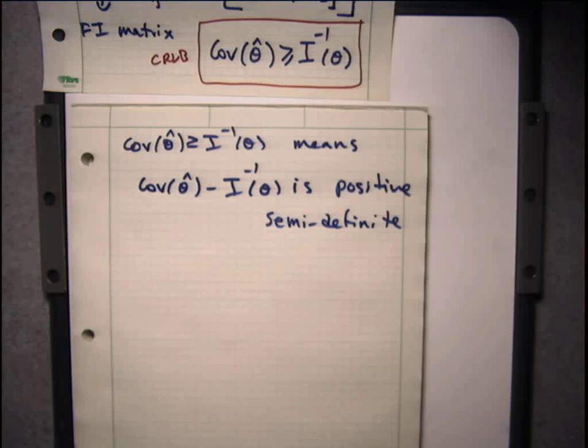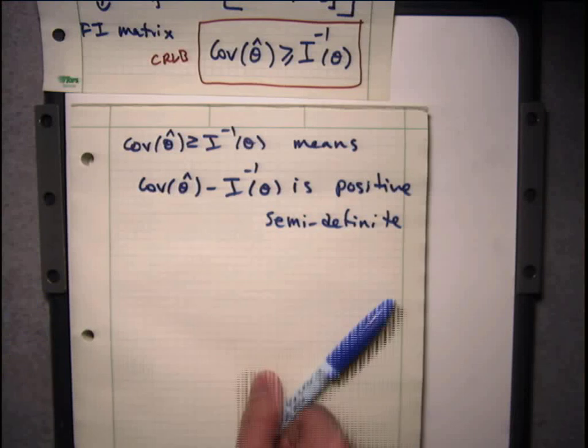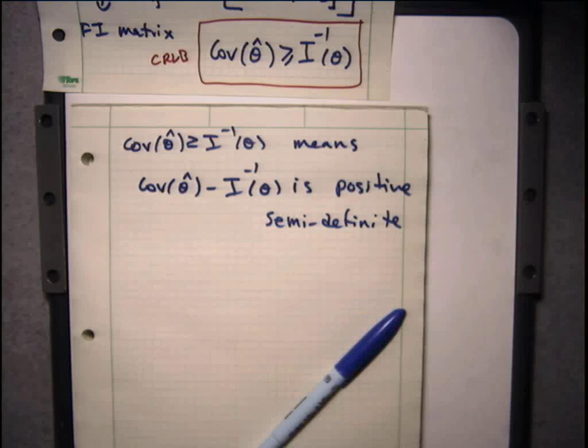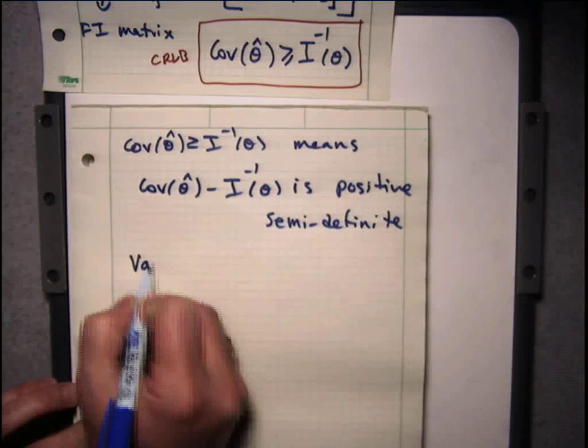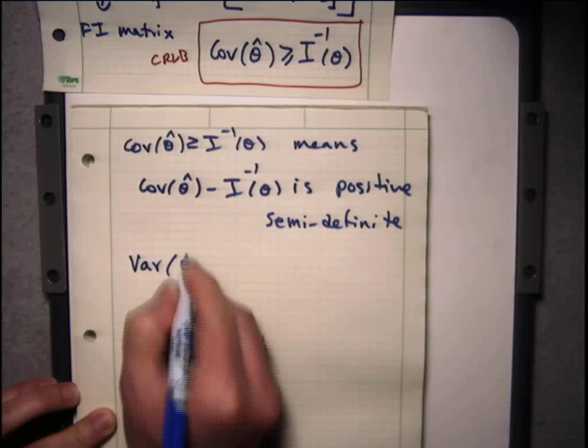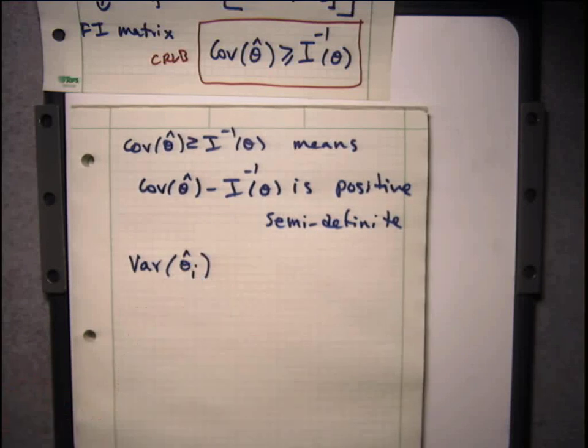Now, what if you are only interested in writing down the Cramer-Rao bound for just one of the elements in the vector that you're trying to estimate? What if you want the variance of theta i hat, just one of them?